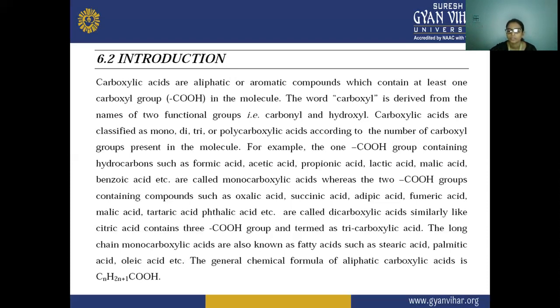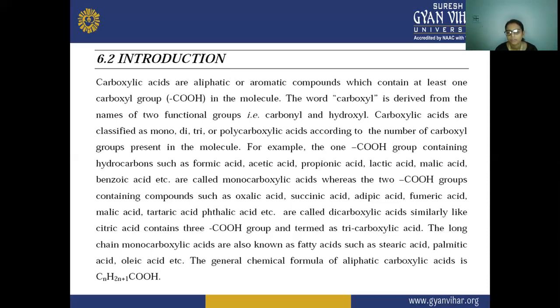For example, stearic acid, palmitic acid, and oleic acid contain this long chain, and that is why they are known as fatty acids: fat as well as an acid. This acid is a monocarboxylic acid, or you can say a carboxylic acid.